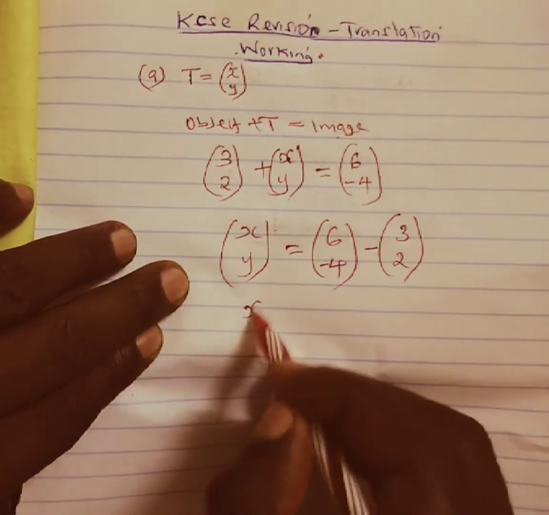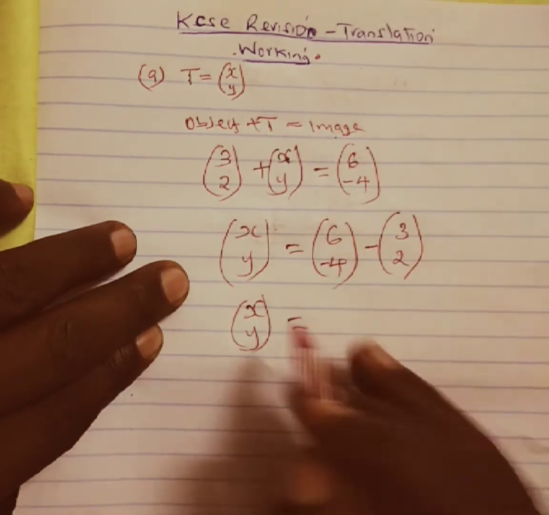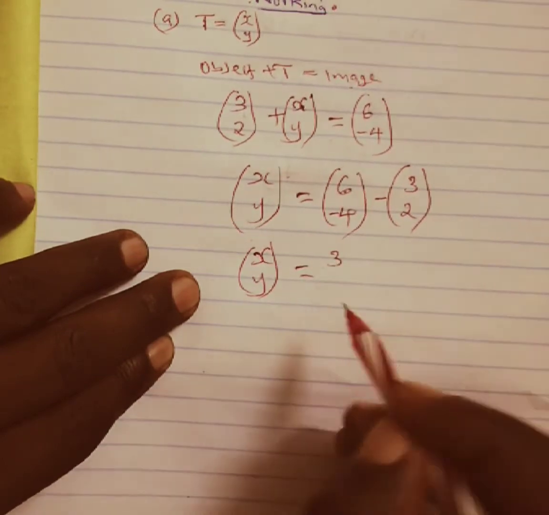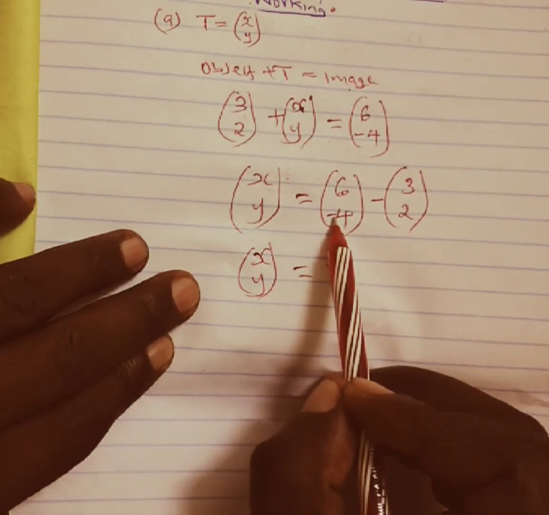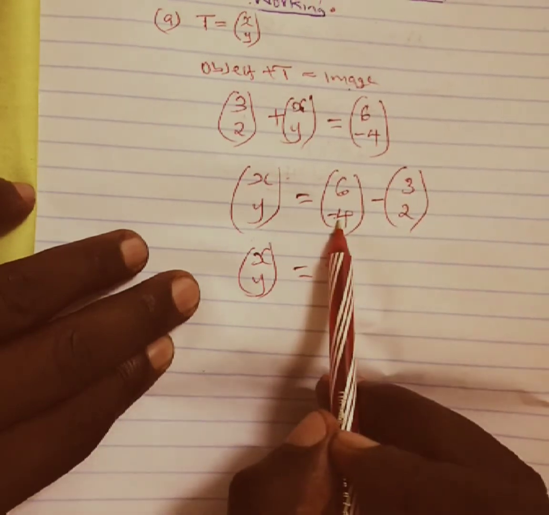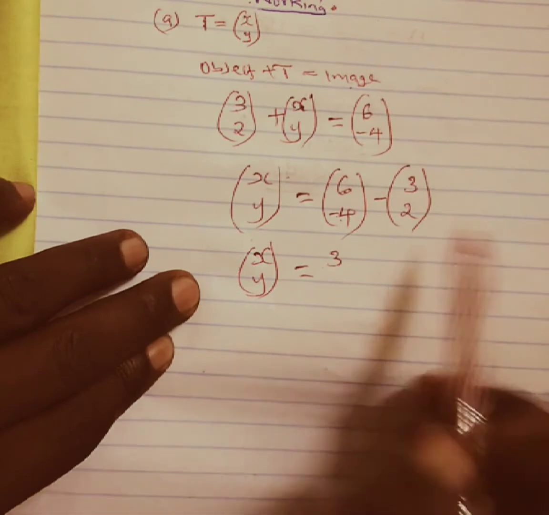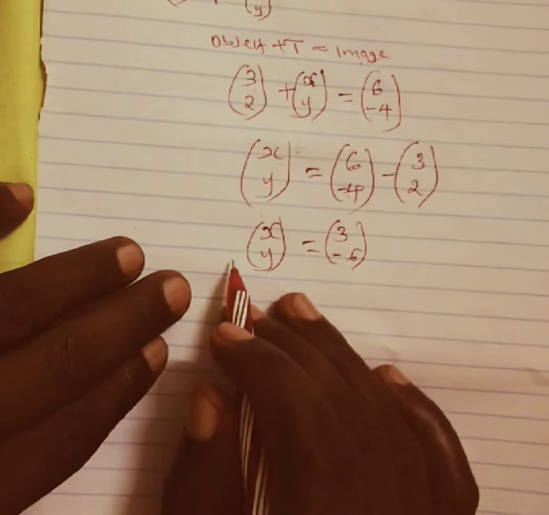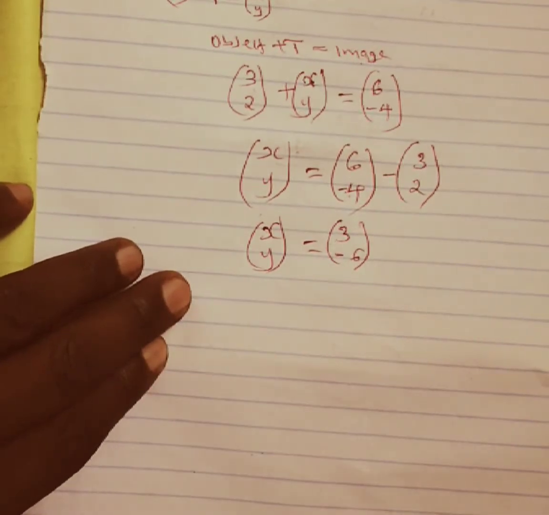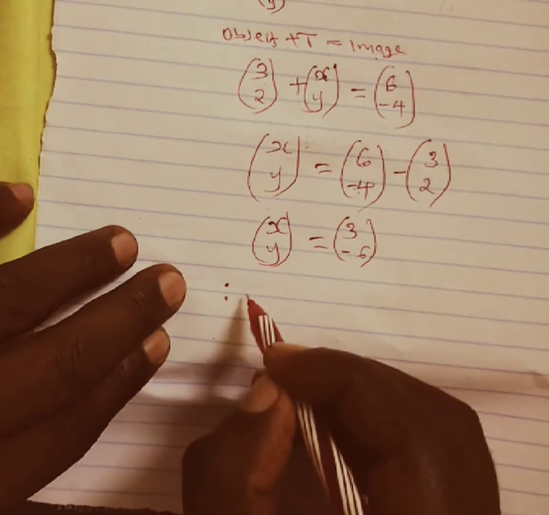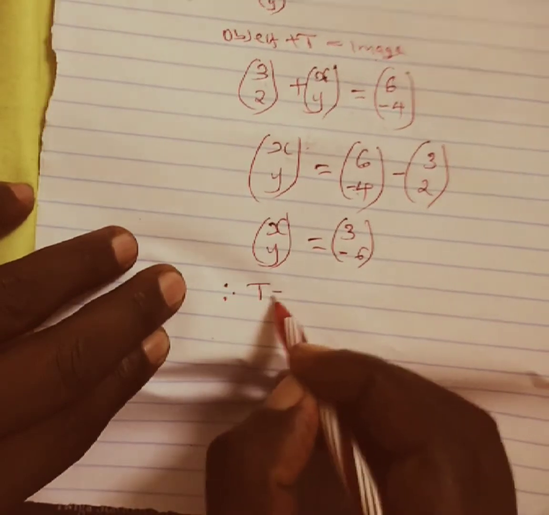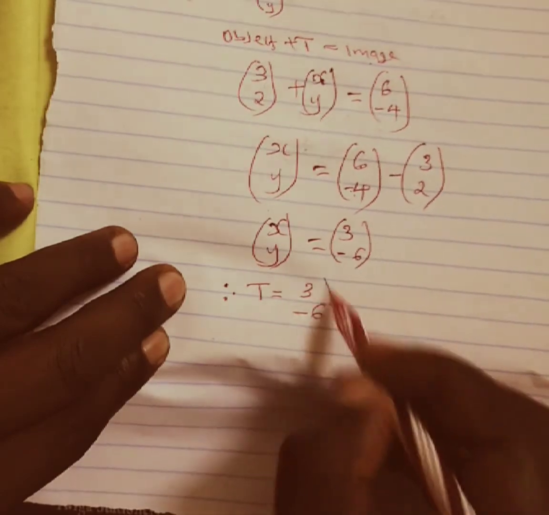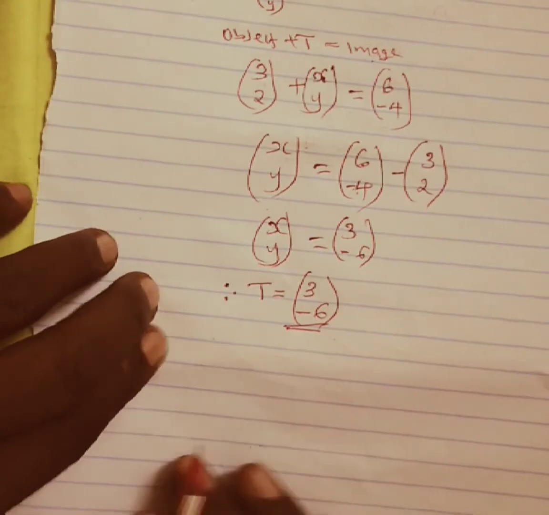From here, x, y is equal to 6 minus 3, you get 3, and negative 4 minus 2, it's like negative 4 plus negative 2, and this is going to give us negative 6, and that is the coordinates of the translation vector. Therefore, we can say our T, which is the translation vector, has 3, negative 6 as its coordinates.